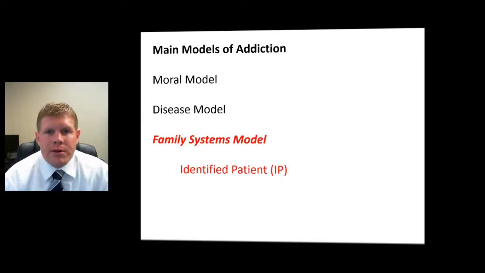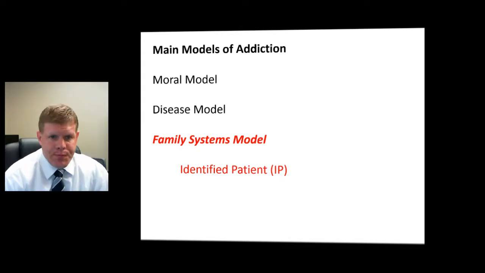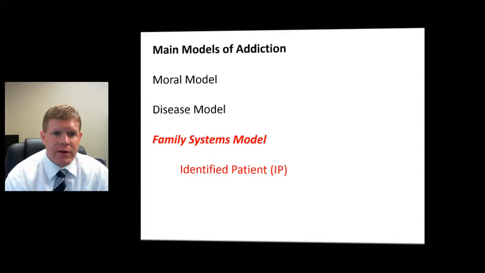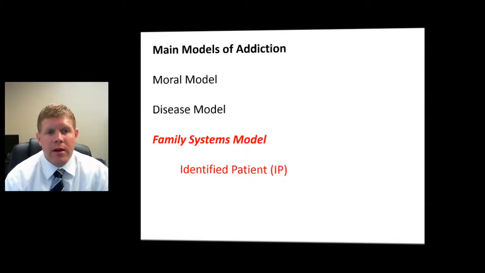The main models of addiction, to keep it simple when trying to discuss the etiology of addiction, or why addiction is happening, would be the moral model, the disease model, and the family systems model.